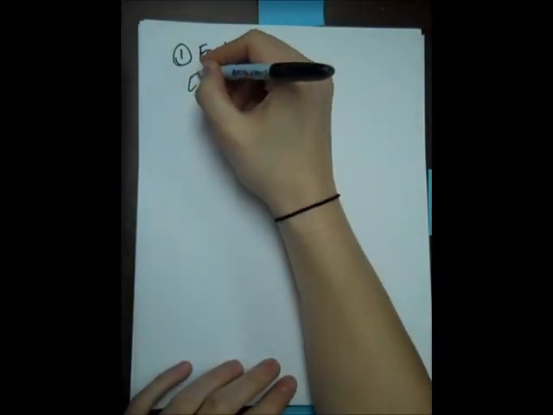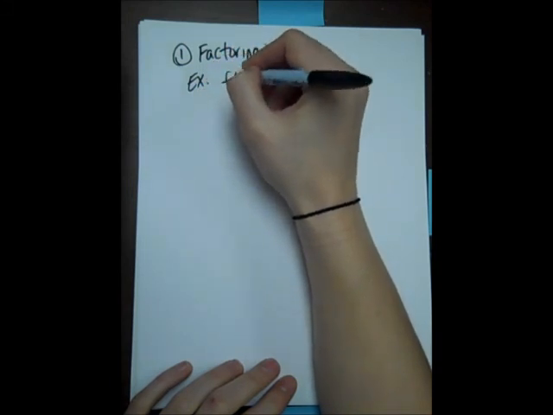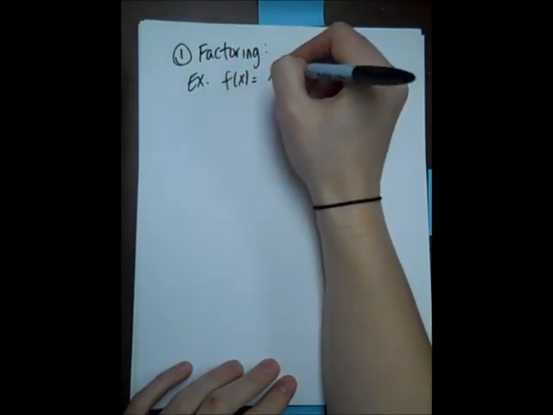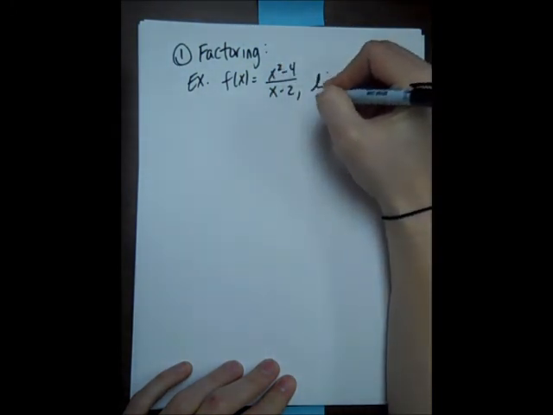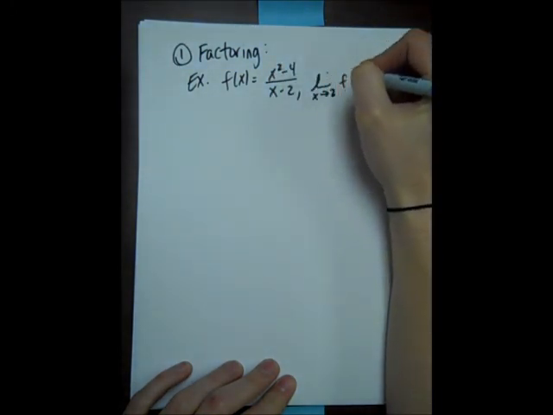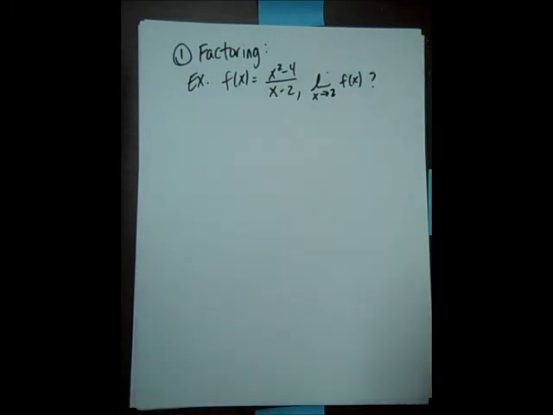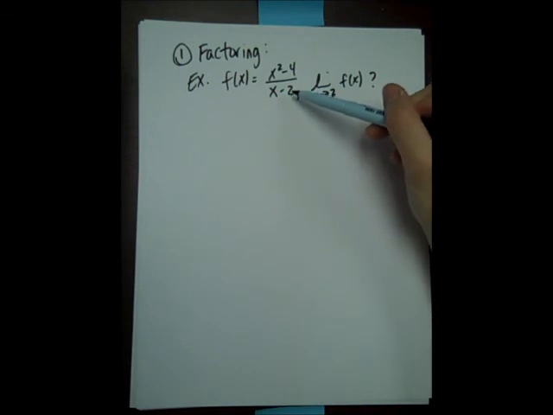So for our example, let's look at f of x is x squared minus 4 over x minus 2, and I want to know what's the limit as x approaches 2 of f of x. Now if this was continuous at x equals 2, I could just plug it in.